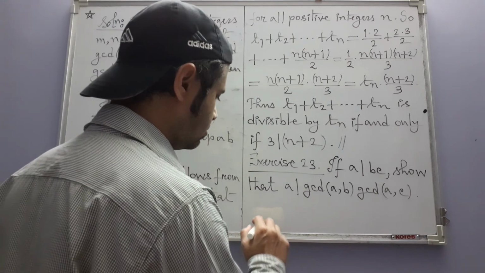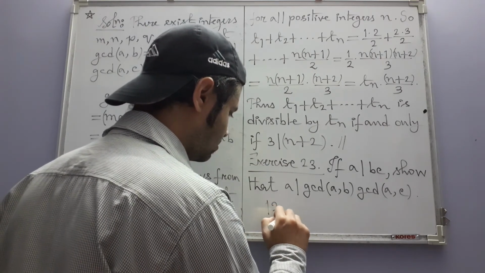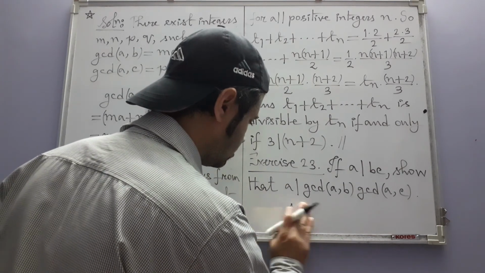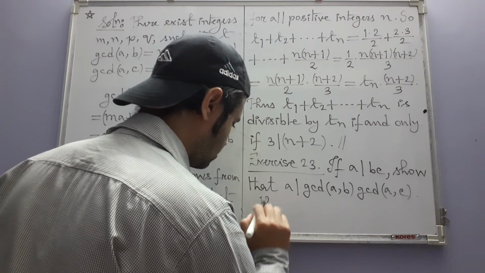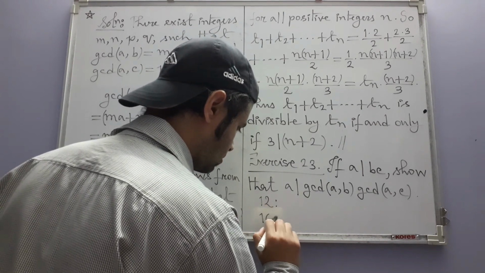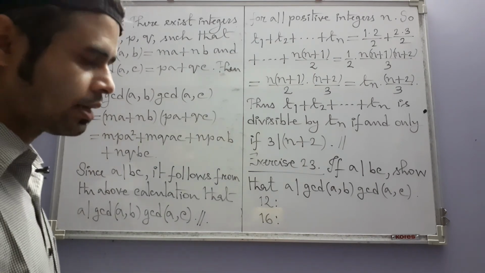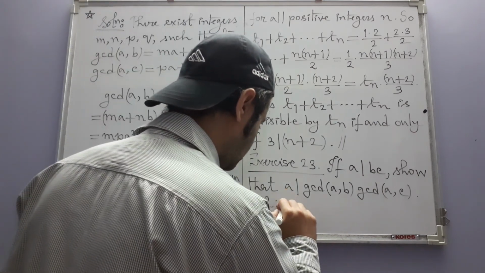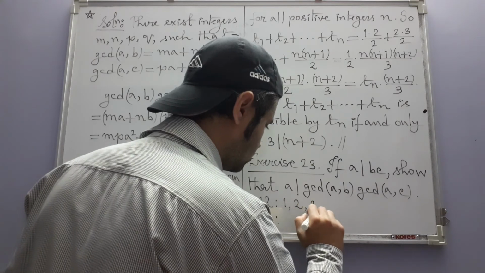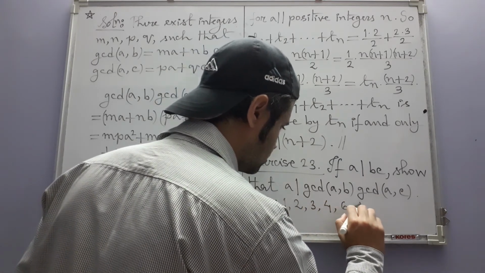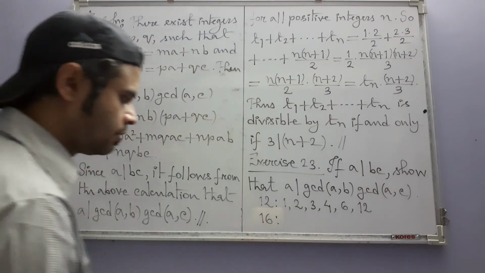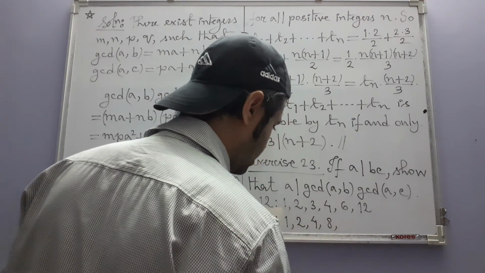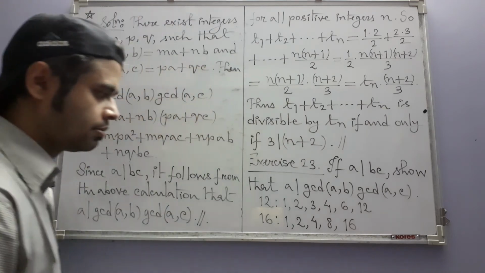If you are given two integers, say 12 and 16, let us write all the positive divisors of 12 as well as 16. 1, 2, 3, 4, 6 and 12, and those of 16 are 1, 2, 4, 8 and 16.